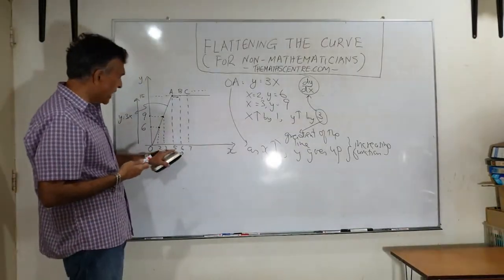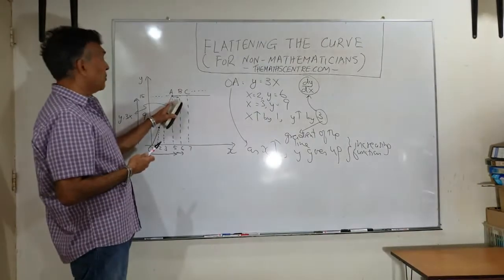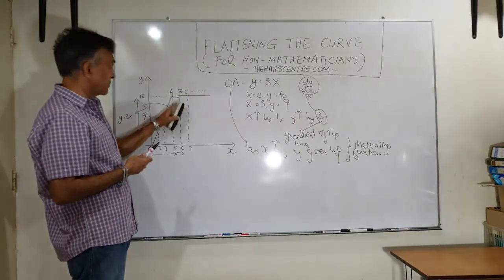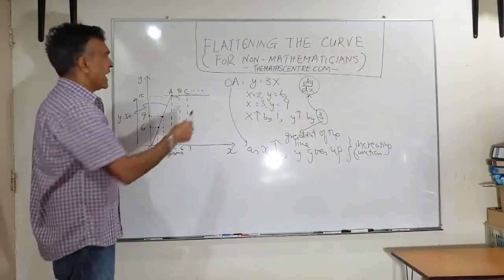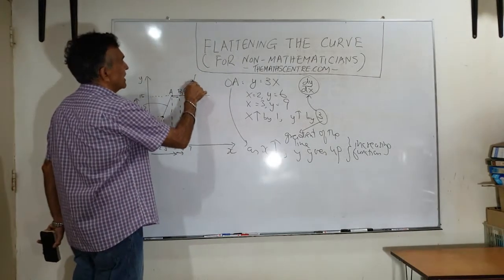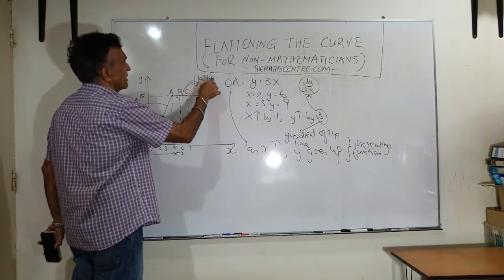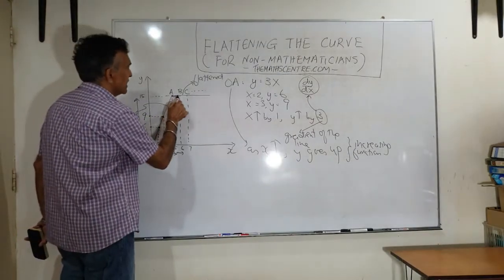Now once it reaches 5, when x goes up by 1 unit here, y does not change. y remains at 15. And as x goes from 6 to 7, y remains at 15. And this is the part where the curve has flattened.